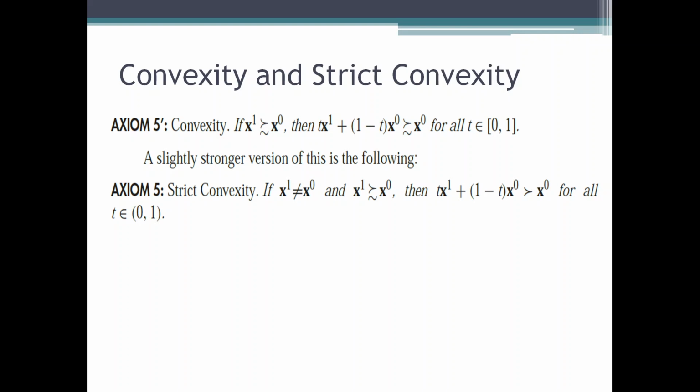We can simply say that x1 is strictly preferred to x naught. Once again, x1 is not equal to x naught and x1 is at least as preferred as x naught. So we can say that x1 is strictly preferred to x naught. Then t x1 plus (1 minus t) x naught is strictly preferred to x naught for all t that belongs to (0, 1).